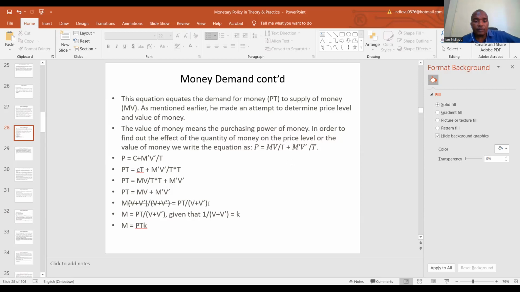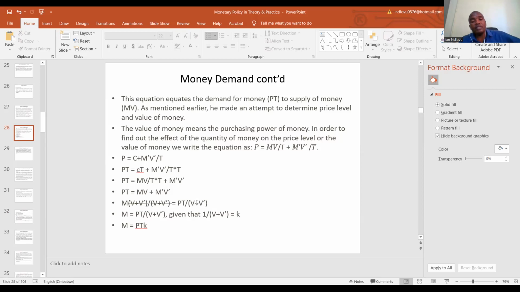But V and V prime are institutional variables which are constant over time, because it's payment technologies that influence the velocity of circulation of money. And we know technology changes in the long run. So in the short run, this sum, V plus V prime, is a constant.